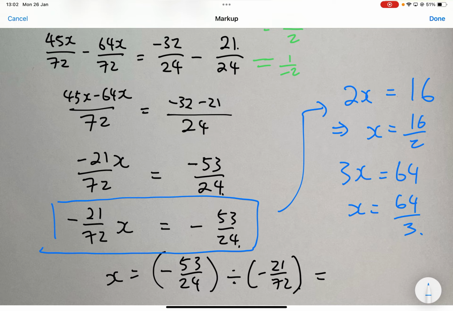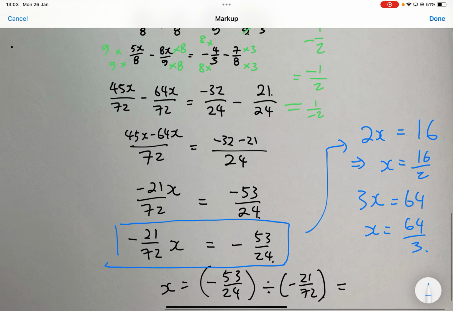I must divide this by whatever is in front of x. It's the same idea. Whatever is in front of x, I want it to become x, I divide. Don't care. Okay? Even if half x equals 4, I want x, I also do 4 divided by half. Whatever number of x, I just divide. Then I can get the answer already. So this one I can use the calculator.